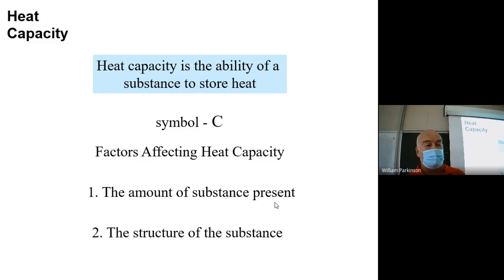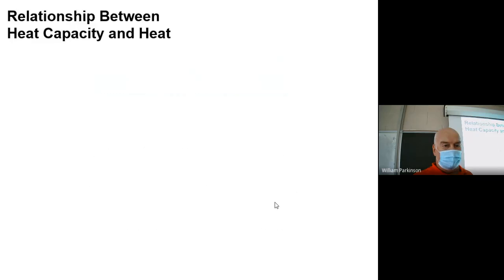So that's the difference of how heat capacity in some materials can be hidden. It can be hidden in internal motion rather than external motion. All right, so that's the story of where heat capacity is going.